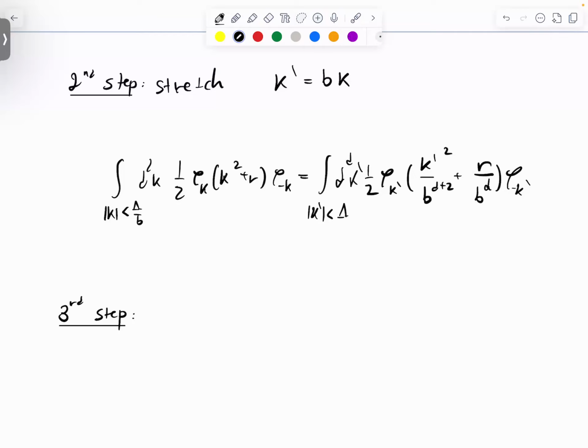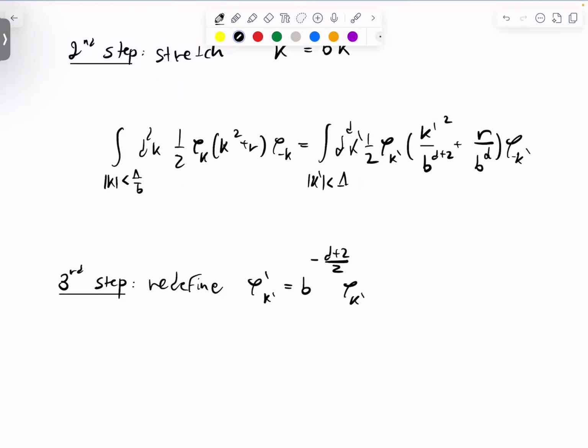So what you do is you redefine the fields like this: phi prime of k prime is equal to b to the minus (d plus 2) over 2 phi of k prime. Basically we are also shrinking, if you like, the fields appropriately to absorb this factor here.